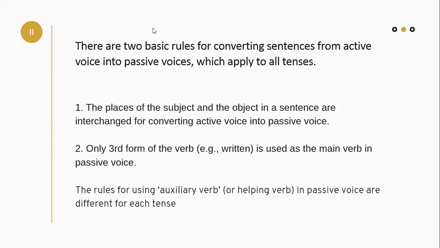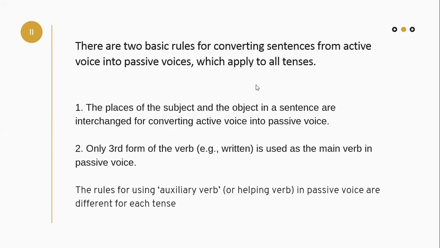Subject, verb, and object. Yes, very good. Well done. So when we make active voice sentences, we of course use the structure, which is the subject, verb, and the object.